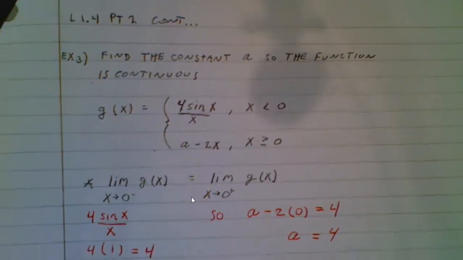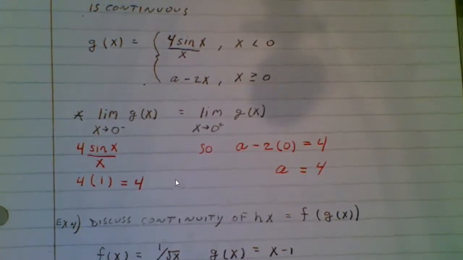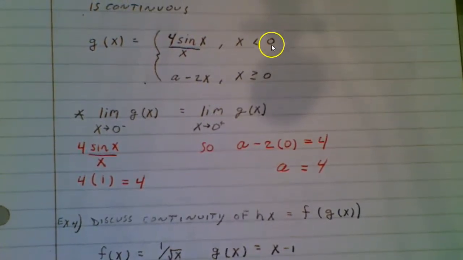So if we look at these two guys, let me go down to here. So since their connection here is at 0, we're going to say what would be the limit of g of x as we approach 0 from the left and from the right. If we approach 0 from the left, according to this, that would point us to this inner function right here. So I got my 4 sine x over x.